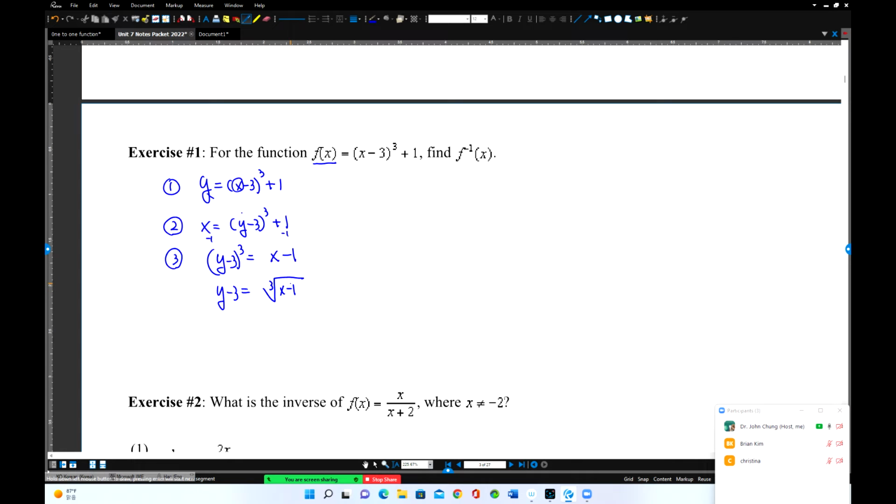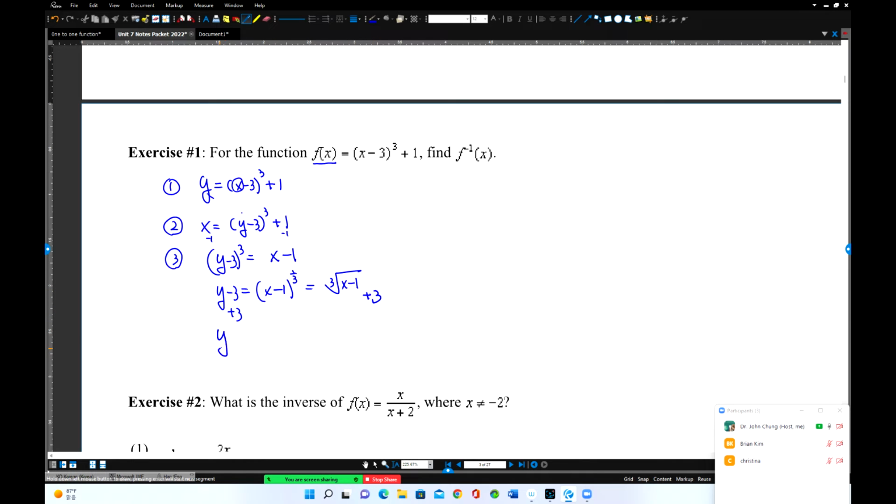It's okay? Yes? Do you understand this one? To the 1/3, what is this? Fractional exponent is what? Third root of x minus 1. Okay? Radical numbers. After that, to express y, you can add plus 3 there.